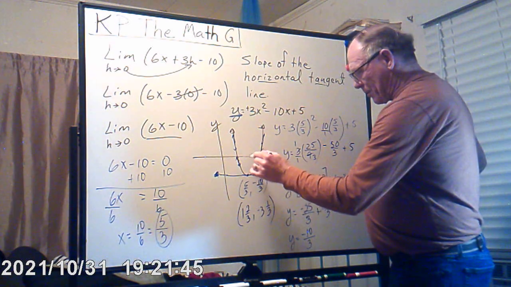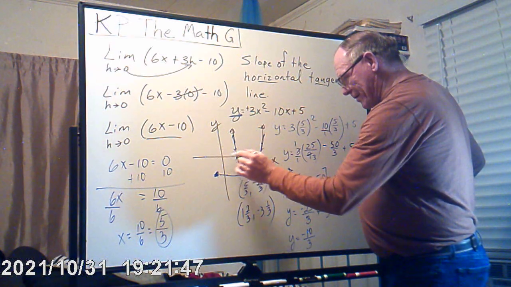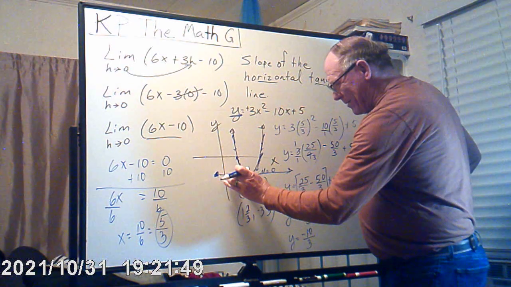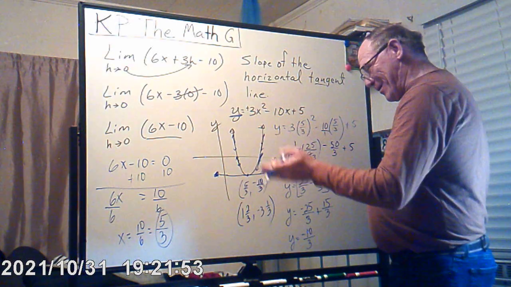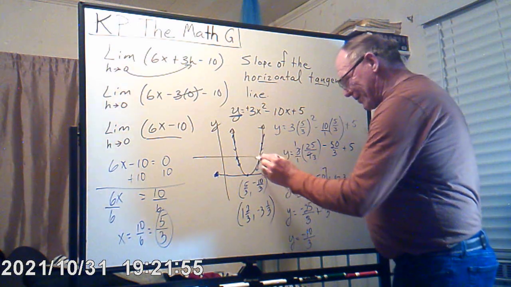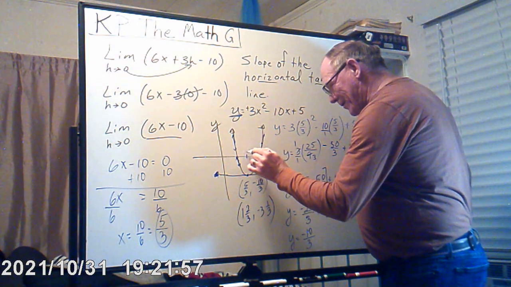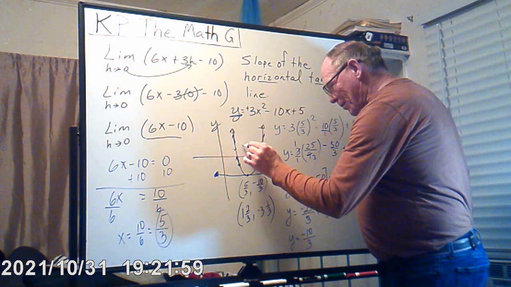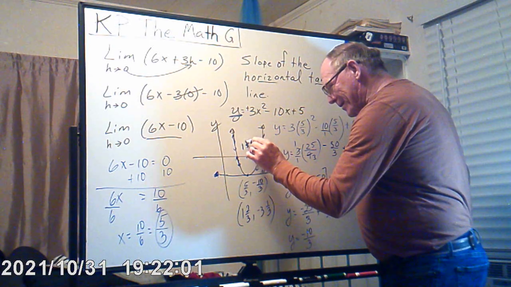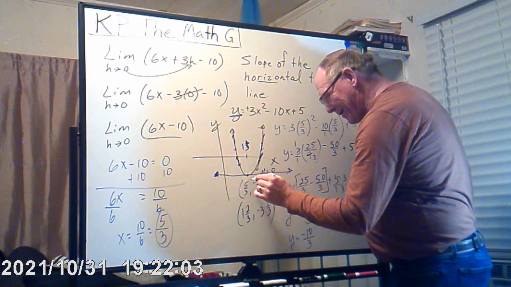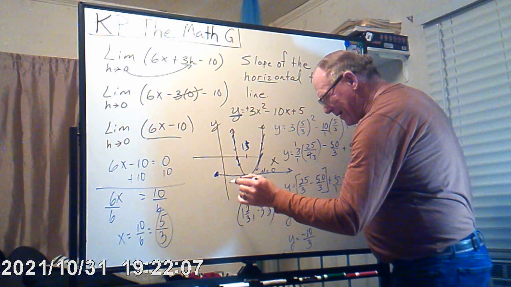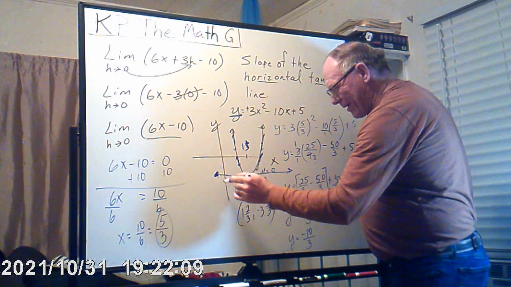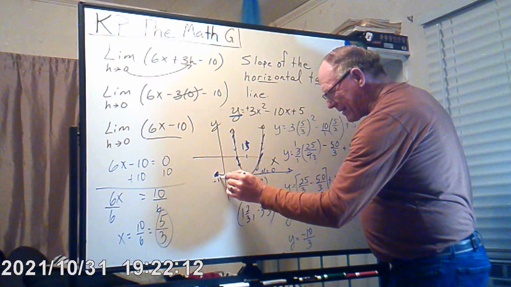So really this point right here is 1 2/3, which should be moved over and down a little bit further. This is not drawn to scale. This point right here is 1 2/3, and this point down here is negative 10/3. That's the y value right here, negative 10/3.